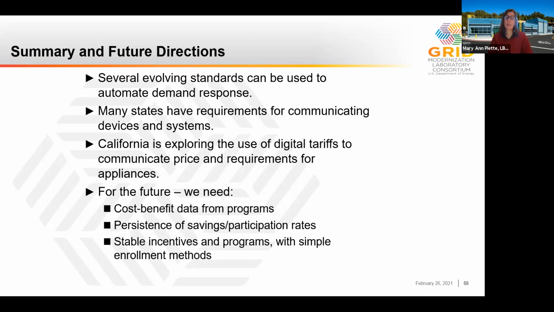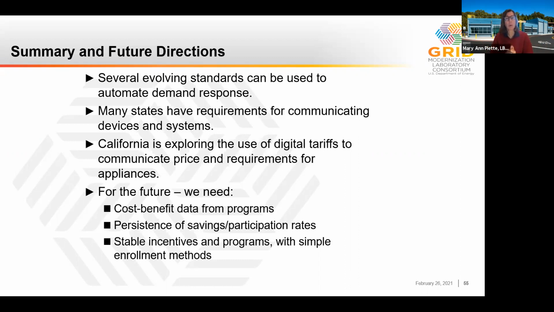I mentioned the need for cost-benefit data. And one of the issues is, do we have persistence of savings? In that study from Energy Solutions about the ADR incentives in California, there's some data on the persistence of savings, and many of the customers would participate for 3 or 4 years. But will they participate for 10 years? So when we make these investments in this technology, what is the lifetime of a gateway or a smart device?